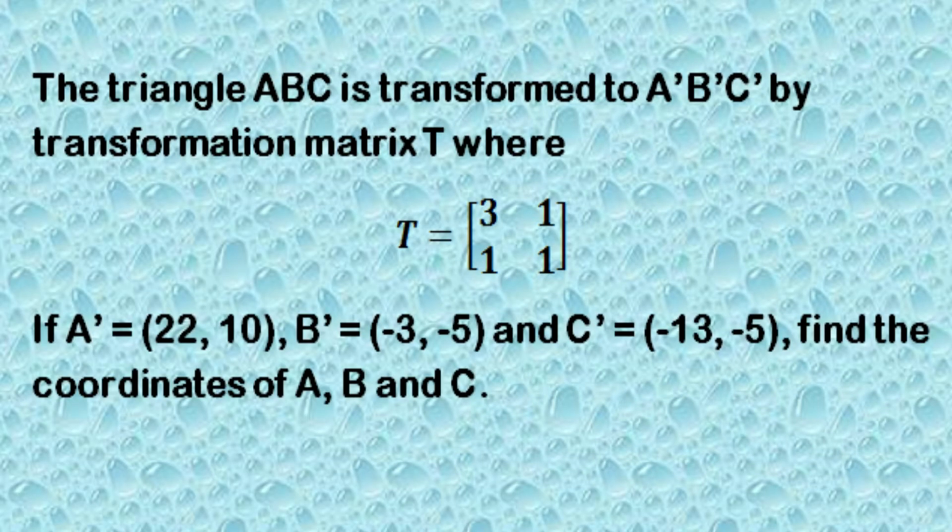The triangle ABC is transformed to A accent, B accent, and C accent by transformation matrix T equal to 3, 1, 1, 1. If A accent, B accent, and C accent's coordinates are listed there, find the coordinates of A, B, and C.